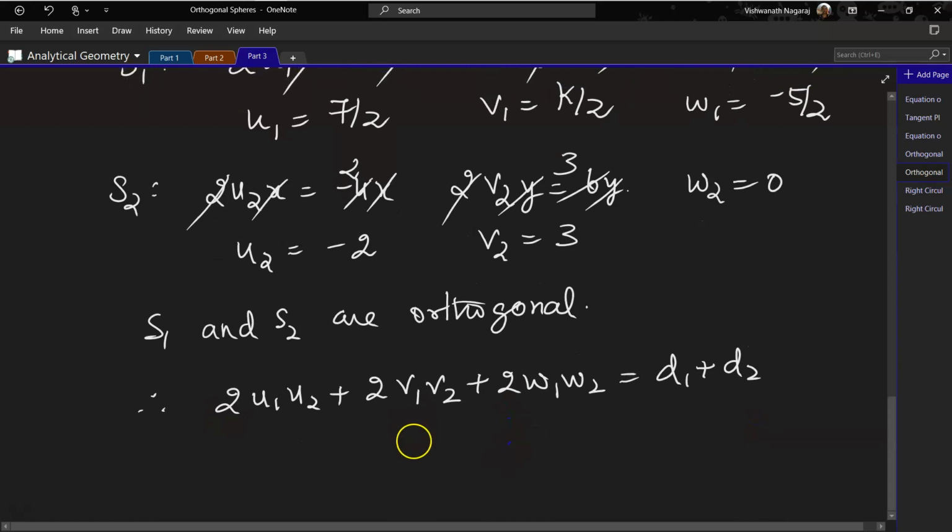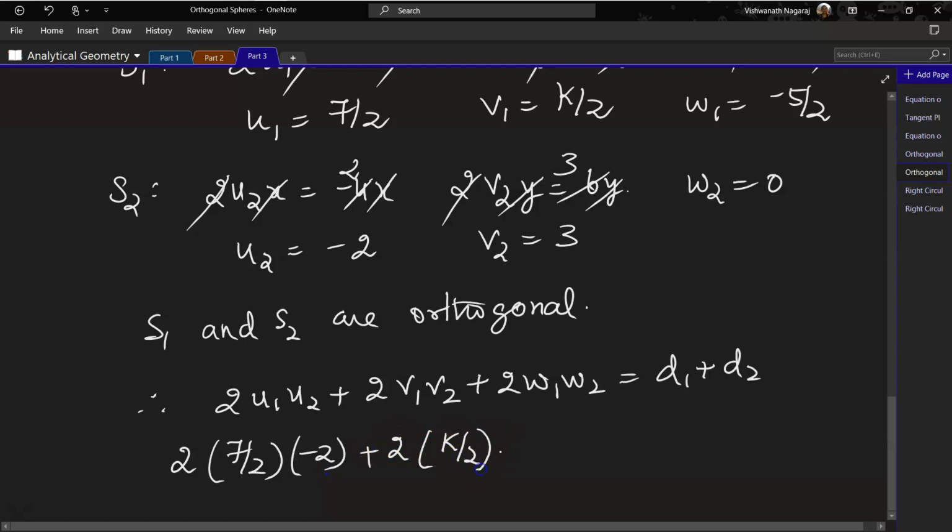Okay, let's do this. 2 times u1, which is 7 by 2, times minus 2, plus 2 times k by 2 times 3, plus, and w2 is 0, the whole thing is 0.